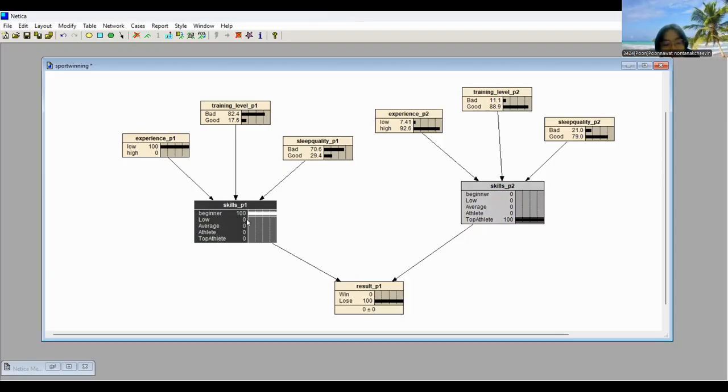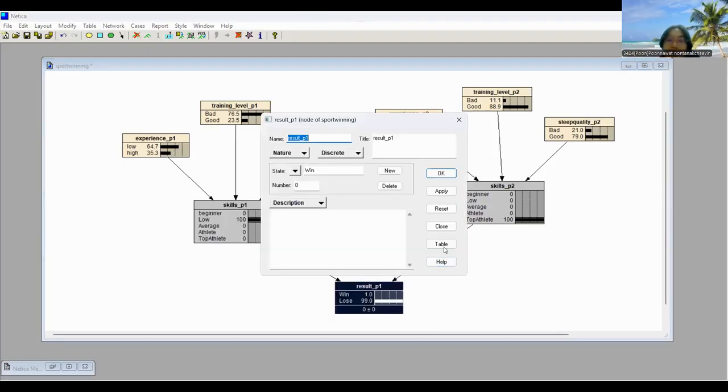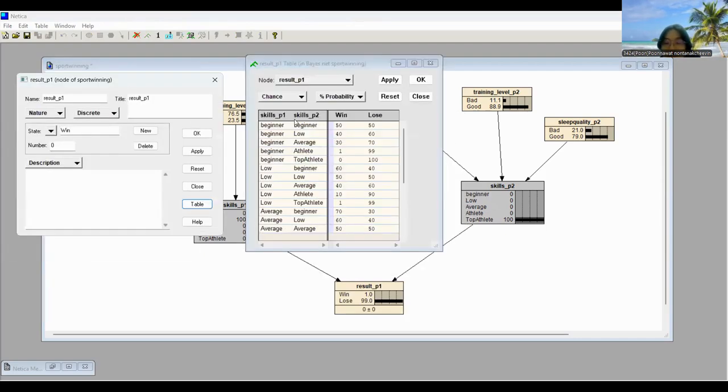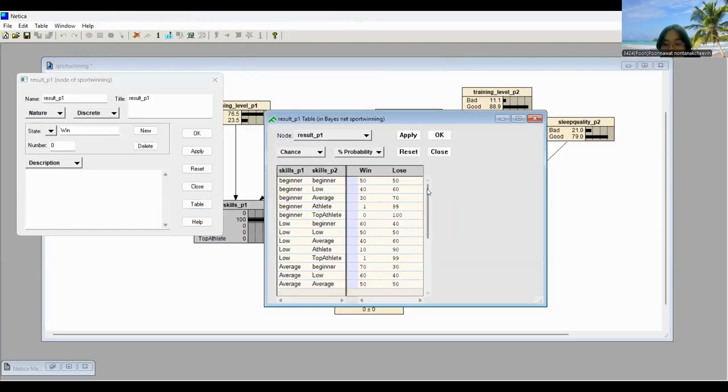If we go to the next step, where the skill of player 1 is low and the skill of player 2 is top athlete, there might still be a chance that player one would win. In order to visualize this, we made the CPT table based on our judging.